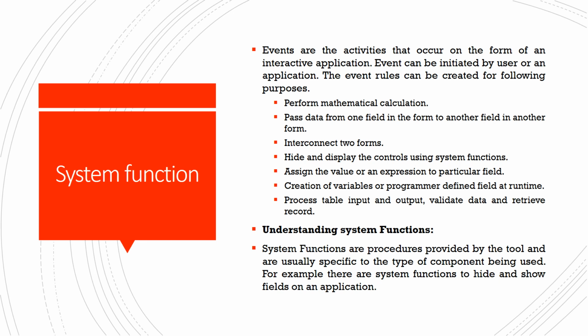Then interconnecting two forms, hiding and displaying the controls using the system function, assigning a value or an expression to a particular field, creation of variables or programmer-defined fields at runtime. The process takes input and output, validates the data and retrieves the data. These are the event rules and what purposes they are used for.